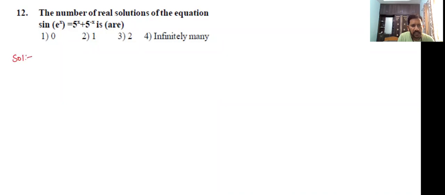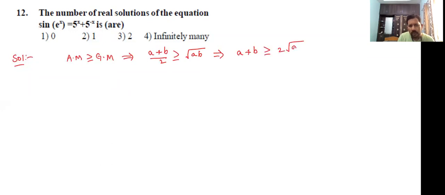We know the condition that arithmetic mean is greater than or equal to geometric mean. The arithmetic mean formula is (a plus b) by 2, greater than or equal to the geometric mean, root ab. This is overall a plus b greater than or equal to 2 root ab.